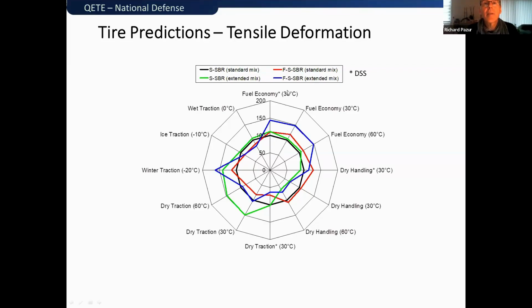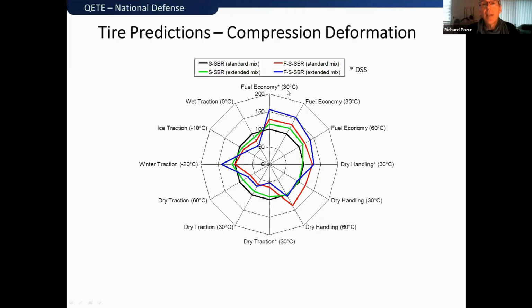And let's go next to compression mode. Compression seems to show the most difference. Again, we do pick up the better rolling resistance with the functionalized SBR, which is nice to see, and the winter traction as well. Not as prominent as the other tests, but we do seem to lose out here on the dry traction.